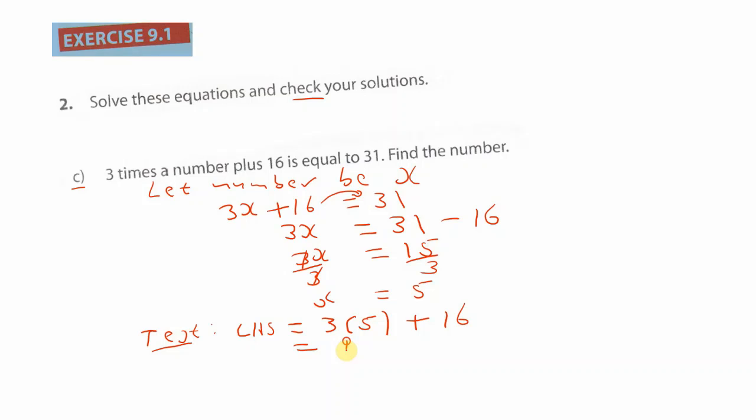So 3 times 5 is 15. We still have to add 16. 15 plus 16 is indeed 31, which is equal to our right hand side. So since left hand and right hand side are equal, we can safely say that x equals 5 is our final solution.